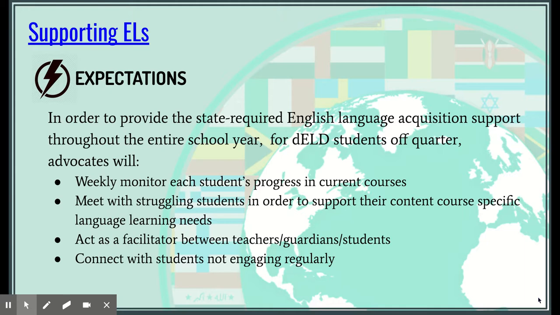Most importantly, I really believe that this kind of support that we are trying to provide for our English learners in the off quarter will continue to keep students connected, very specifically right now during distance learning. We know that we have so many English learners who have multiple situations happening at home, and they might need that support of just a reminder, just an encouragement to say, hey, keep going. I know you can do this.